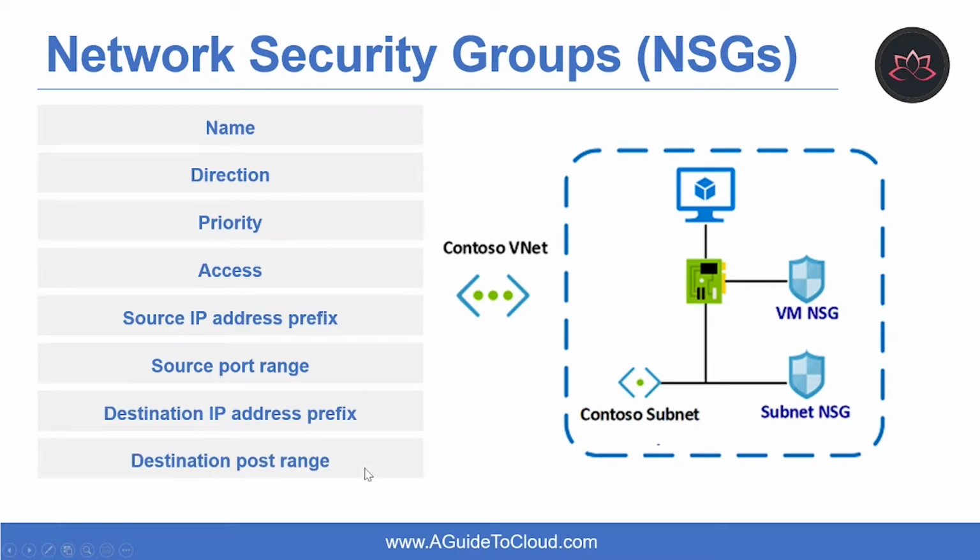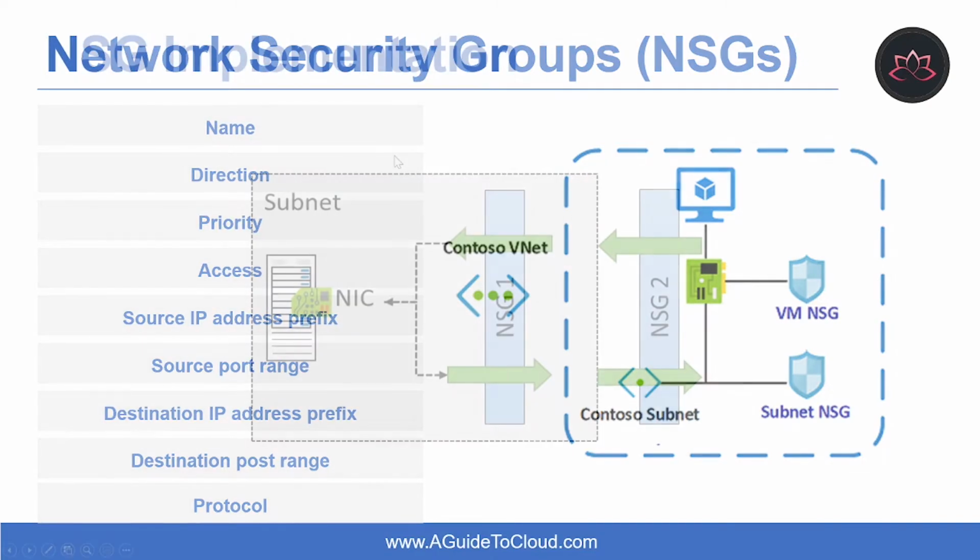The next one is destination port range. This specifies the destination port by using a single port number from 1 through 65,535. The last one is protocol. This specifies a protocol that matches the rule. It can be UDP, TCP, or it can be an asterisk as well.